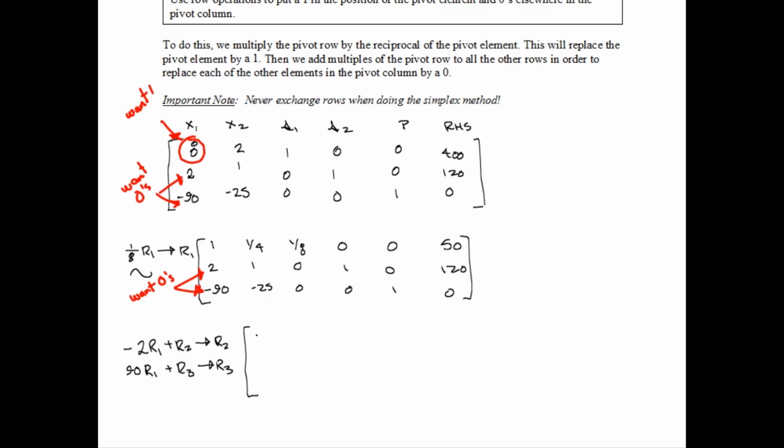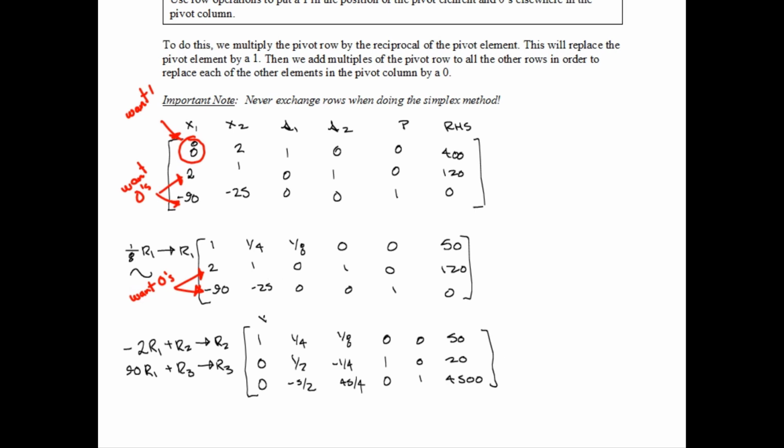When we do this, we should get 1, 0, 0. And then last we have 50, we have 20, and we have 4,500.